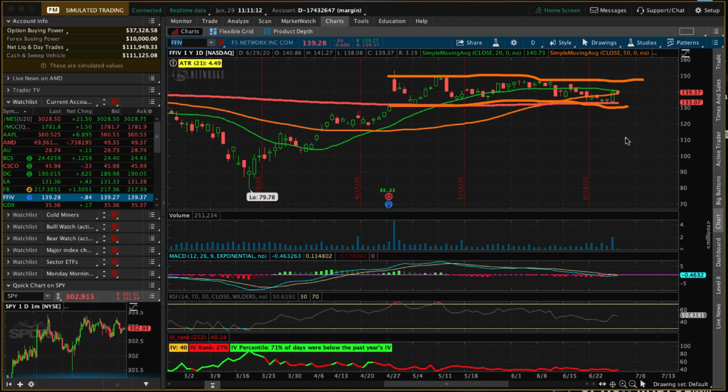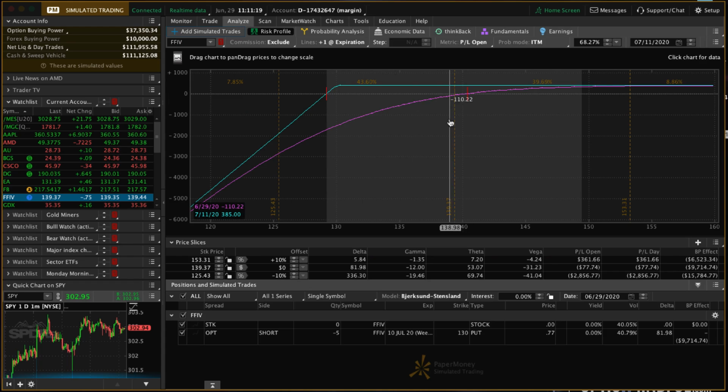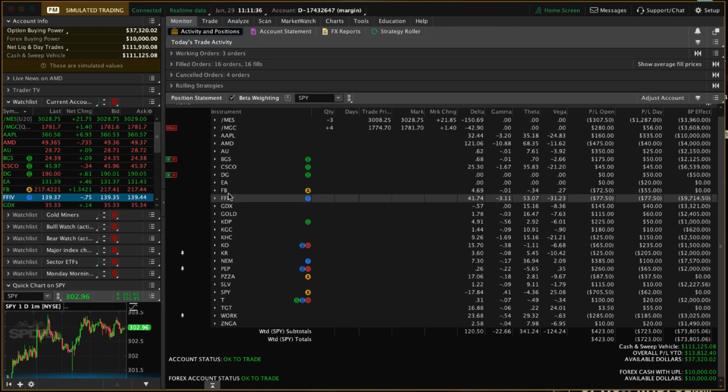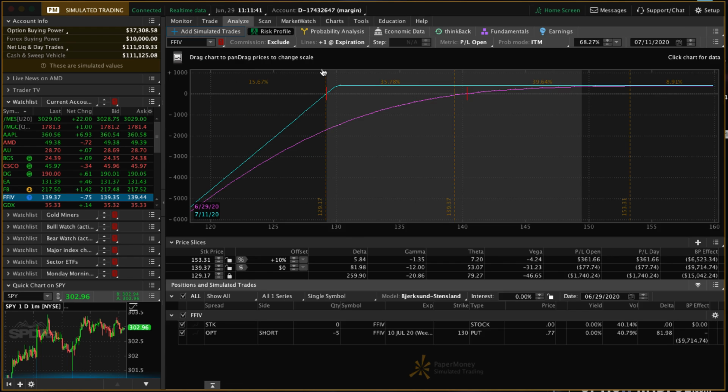So my idea was to simply sell a put on it, and that's what I did, and I'm benefiting from time. As you can see, the probability of it expiring in the money is very low. It's around 15%, so I have 85% chance to win on this trade, and I have to wait another 11 days for it to expire and collect my 385 bucks.